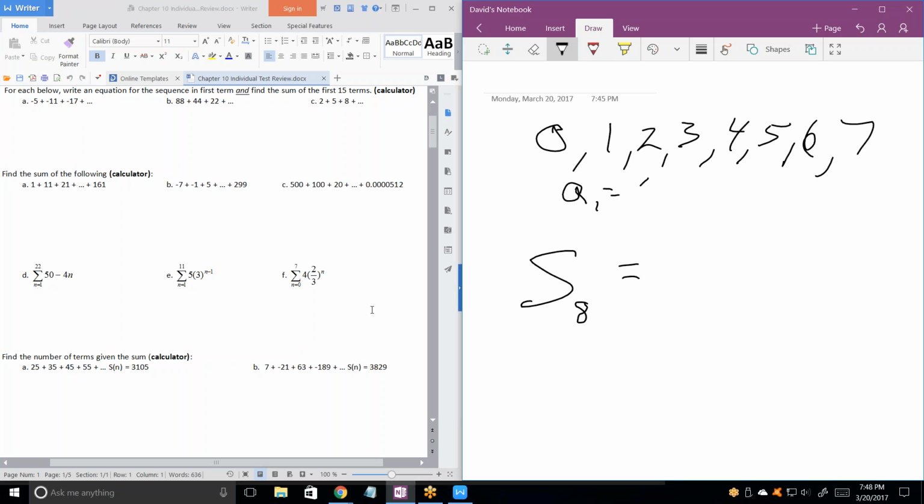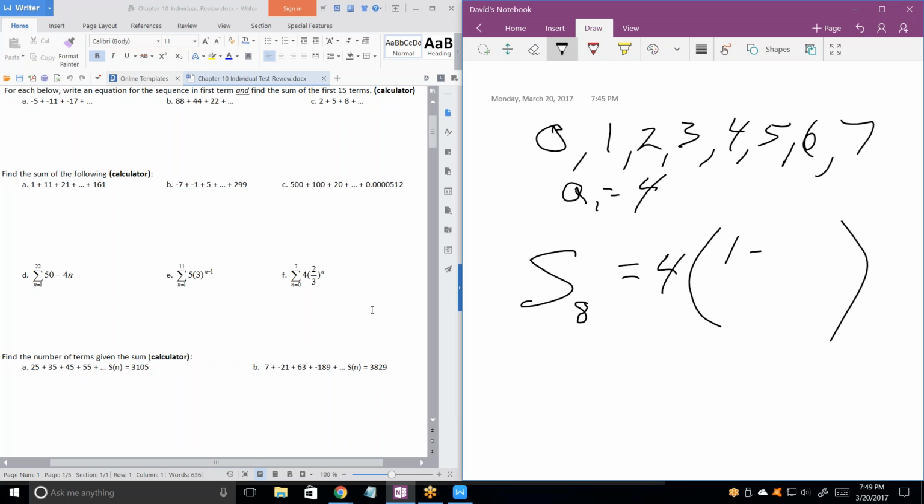Okay, so that's the first term. So we've got 4 times, what's the rest of it? For geometric, it's 1 minus r to the n.